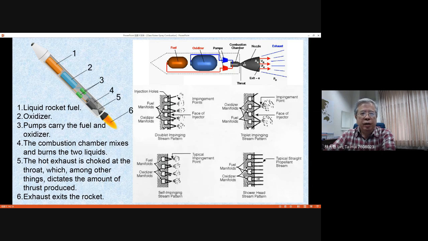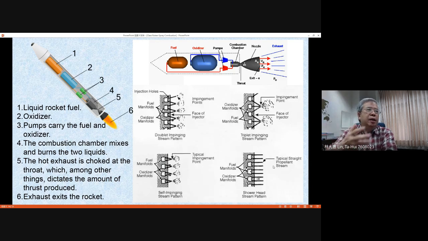For fuel and oxidizer, they just go out in parallel as different liquid streams, and they will have a breakup of the liquids of the fuel and oxidizer. Then you can see one stream of the fuel, one stream of the oxidizer, separate and easy to meet together to have good mixing. Later on you will have a very nice premix spray burning.